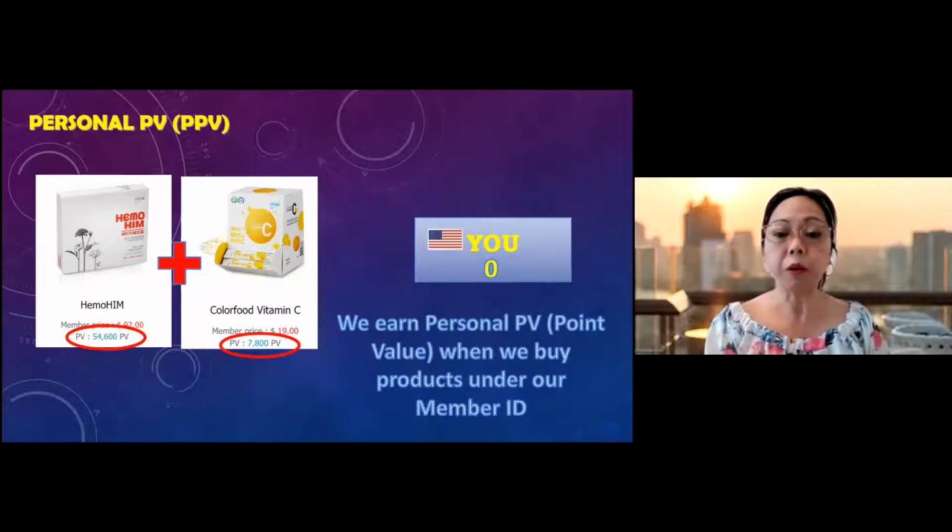So that total, after you purchase it, will all come to 64,400. It will become your own personal PVs, okay? So we earn personal PV when we buy products under our member ID.